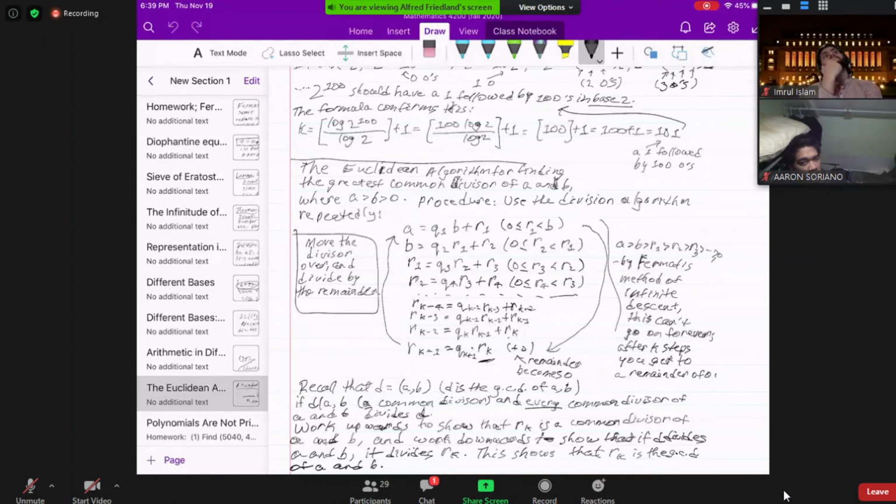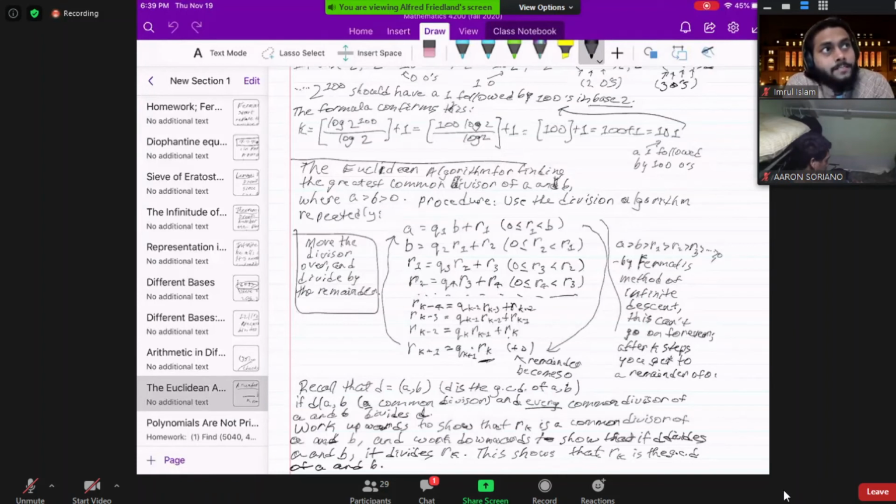And remember what the greatest common divisor of two numbers is. It's a common divisor, obviously. If it's the greatest common divisor, it's a common divisor, but also any common divisor of A and B divides it, and that makes it the biggest common divisor. And so if you work upwards, if you look at the arrow on the left, you see that you keep dividing by the remainder, and the R sub k turns out, as you move up to the top, to divide A and B, so it's a common divisor.